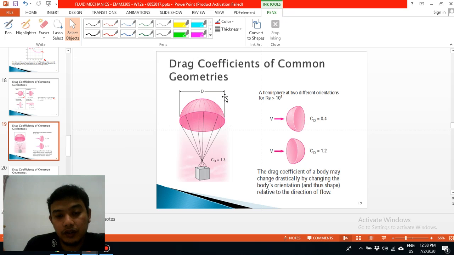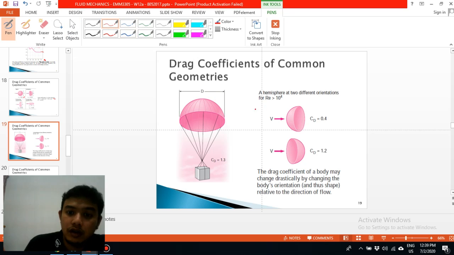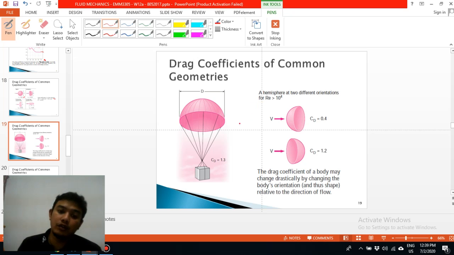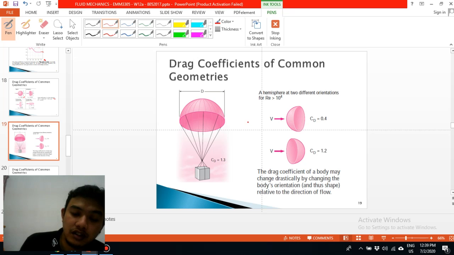So this concept, for example, is important in designing a parachute. This is an example of using this concept to design a shape to reduce the speed of the parachute.